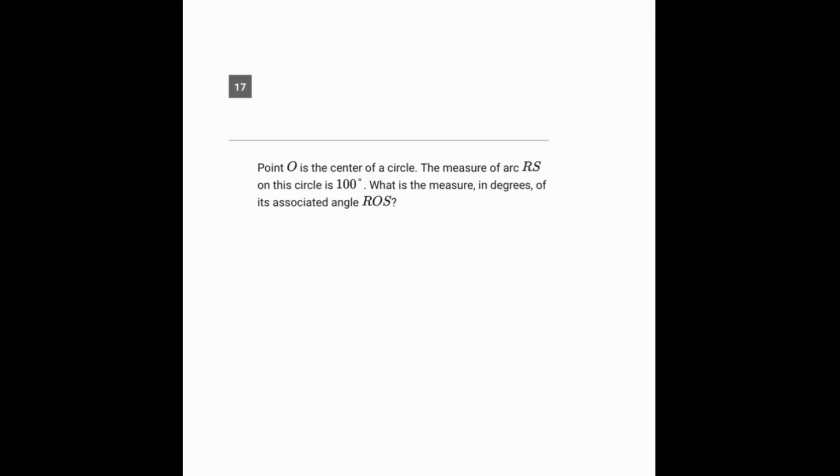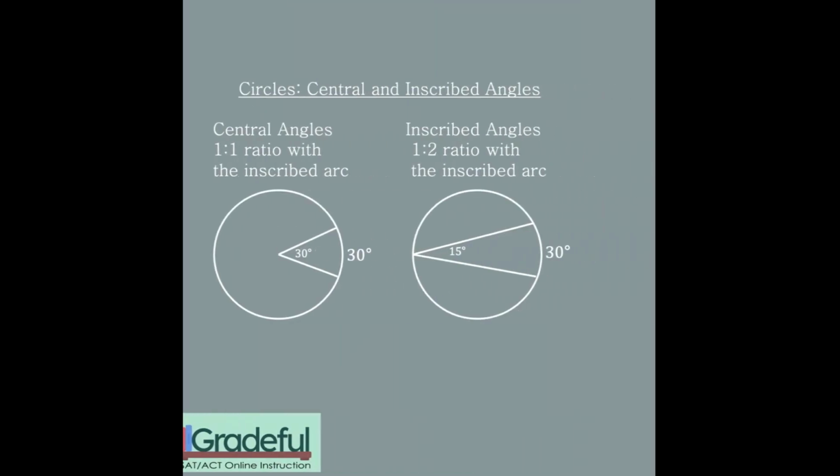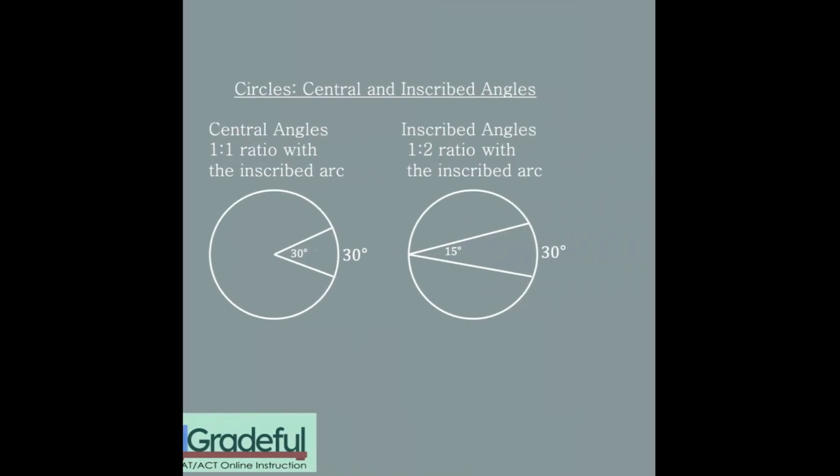Now going to question 17. Here, we're being asked about a circle, an arc on that circle, and the corresponding angle that goes along with that arc. So let's do a little review of this topic. For central and inscribed angles, a central angle is one that has its vertex at the center of the circle, and the measure of that angle has a 1-to-1 ratio with the inscribed arc.